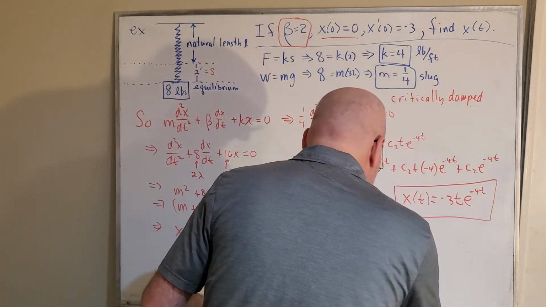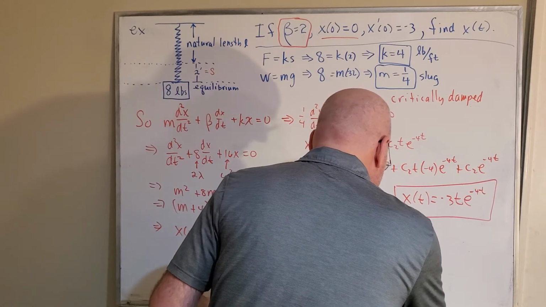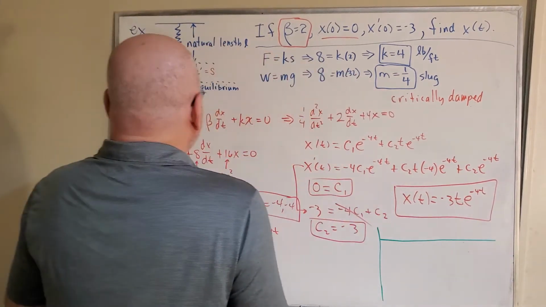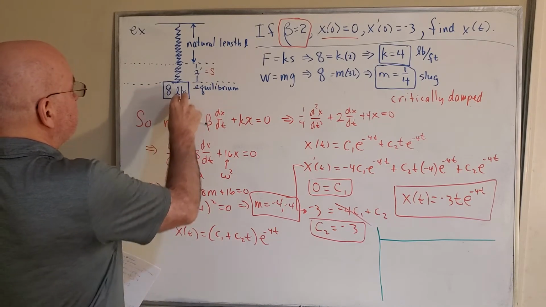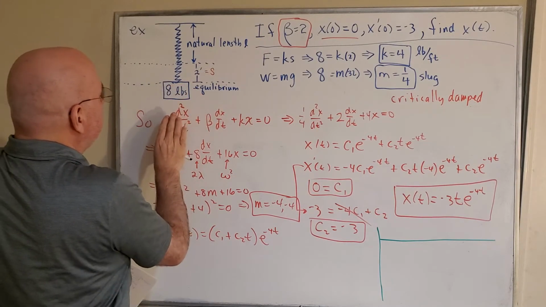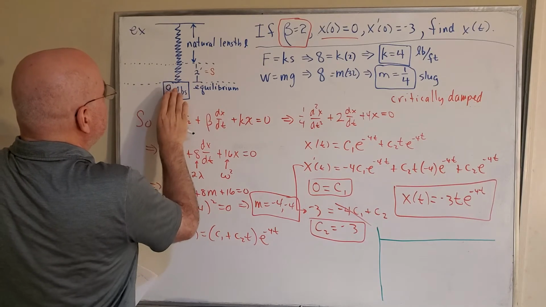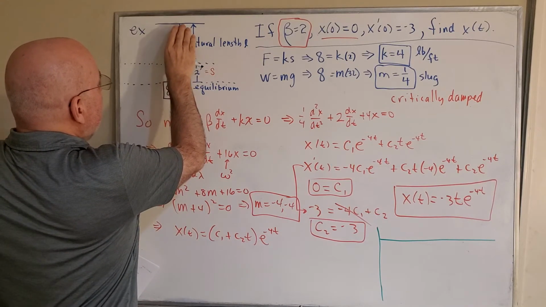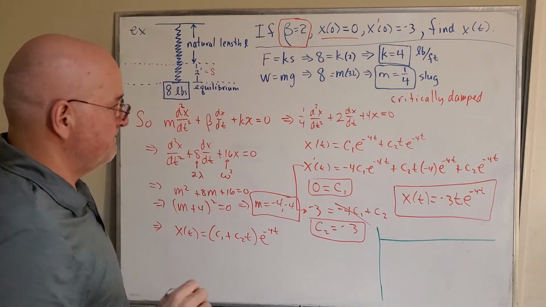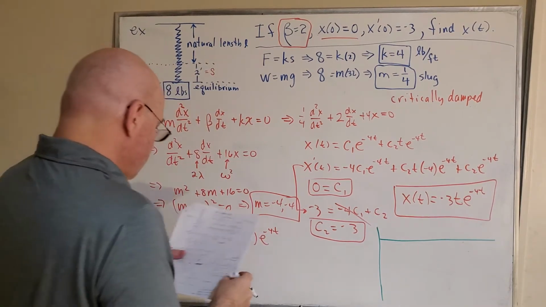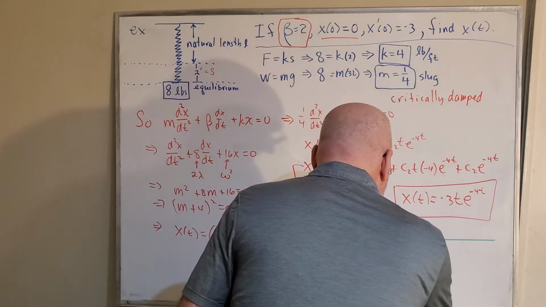And just for information, I'm going to change color. If we were to graph this, what's happening is we're in positive territory here, but it's going to go up into negative territory and then never cross the equilibrium point again. So here's what the graph looks like.